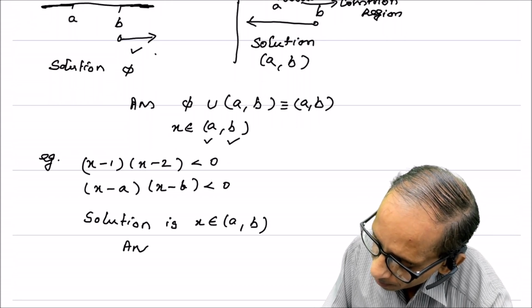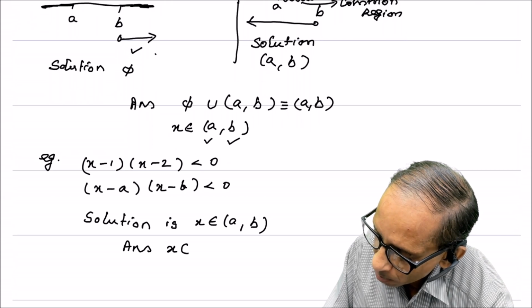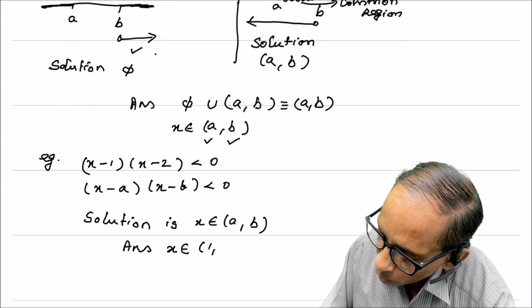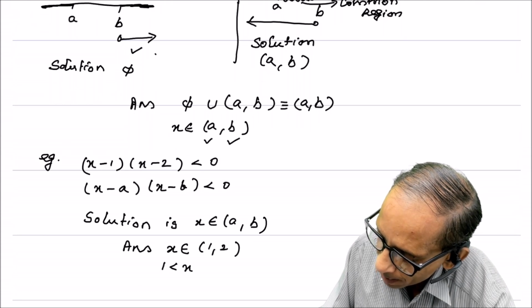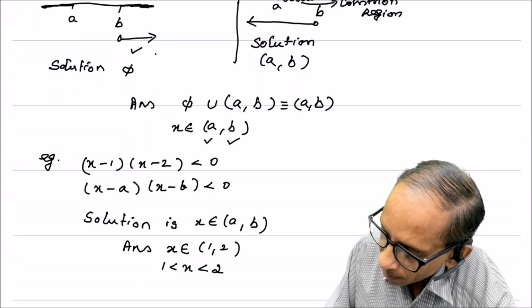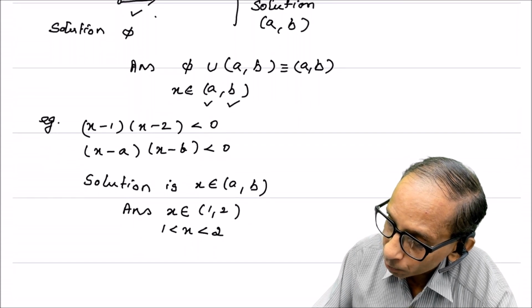So the answer in this particular case comes out as x belongs to the open interval this. We may also write it as 1 less than x less than 2.